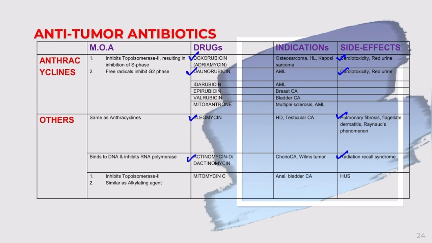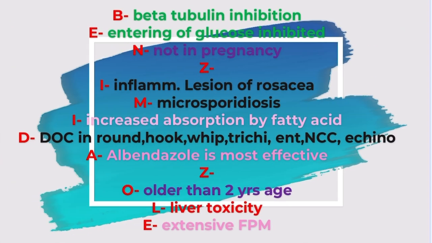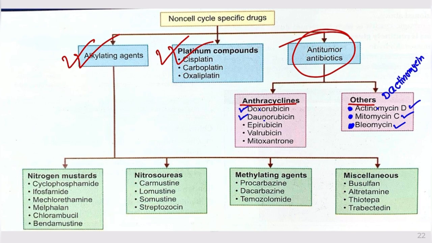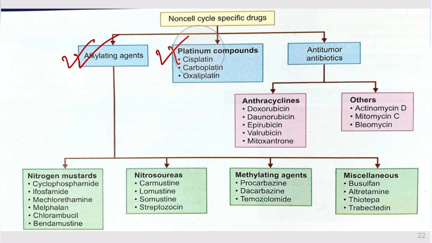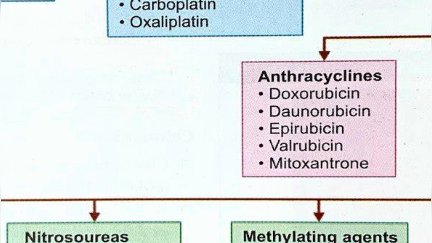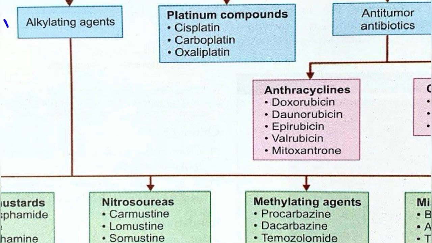Okay, so now I can tell you that I have completed the non-cell cycle specific drugs. They can attack any stage of the cell cycle, maybe G1, S, G2. Number 1, alkylating agents. Number 2, platinum compounds.